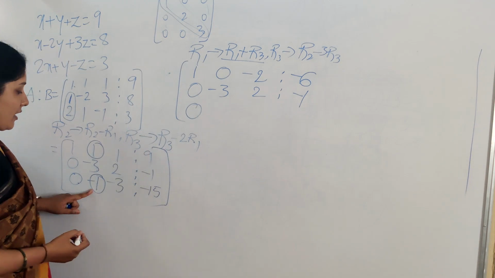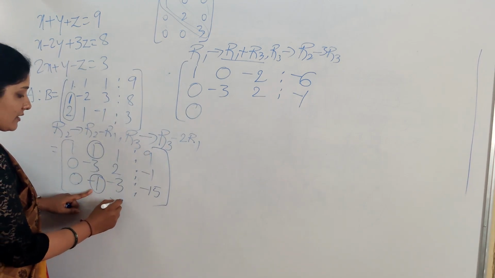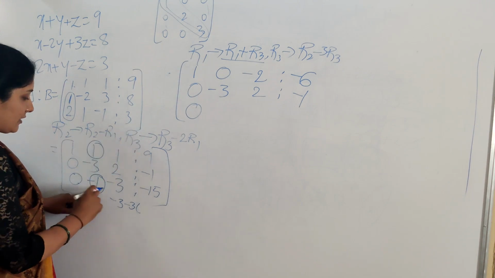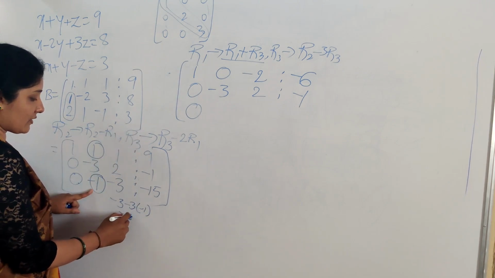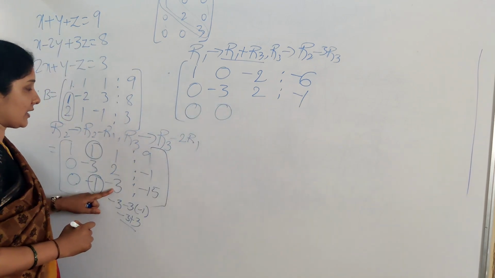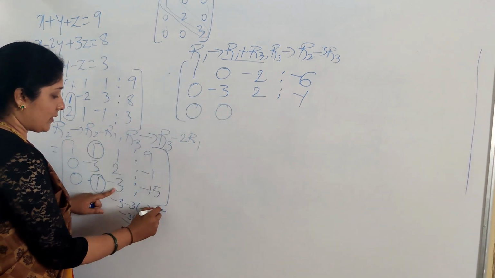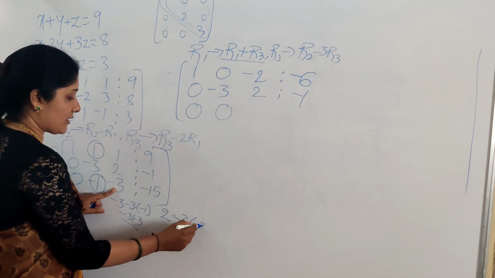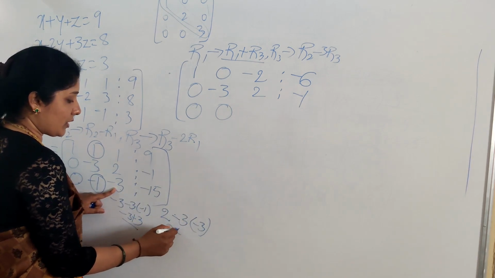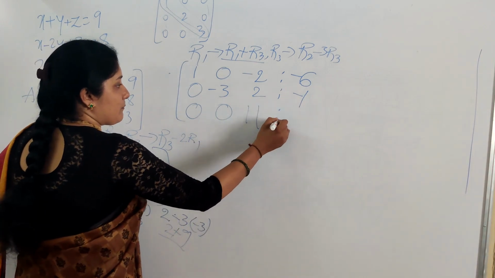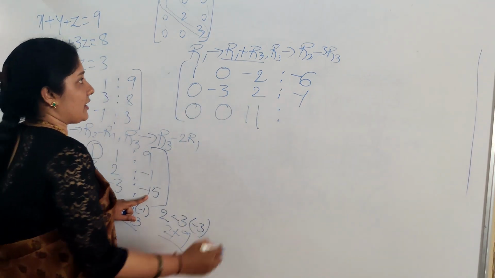Next, see here. R2 is minus 3. Minus 3 plus 3 into R3, that is 1, so minus 3 plus 3 becomes 0. Next, here, R2, 2 plus 3 into R3, 3. 2 plus 9, that becomes 11. Next, here is 15.